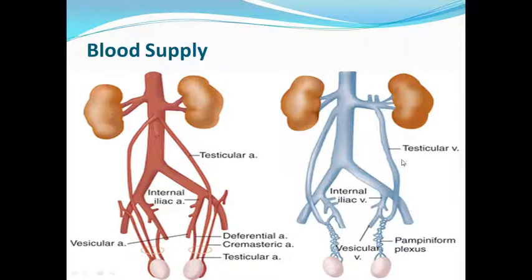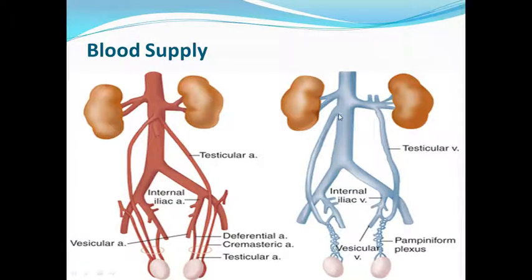And in the case of the testicular vein, you can see that it directly drains into the abdominal aorta. Inferior vena cava. I'm totally sorry, I got it wrong, this is the inferior vena cava. Pardon, please. Not the abdominal aorta, but the inferior vena cava.